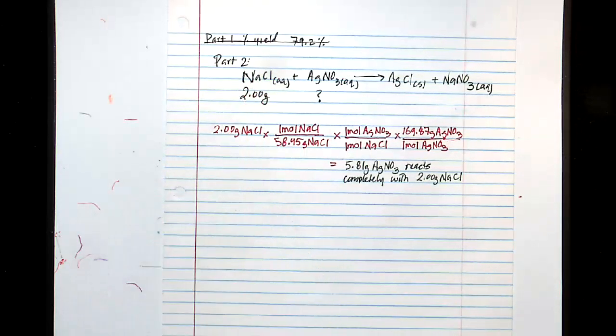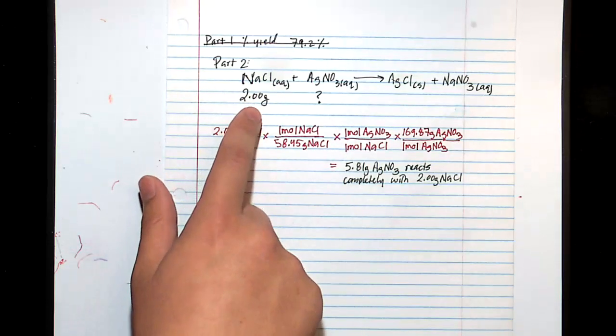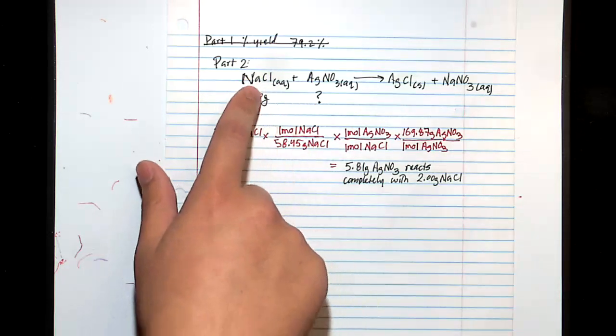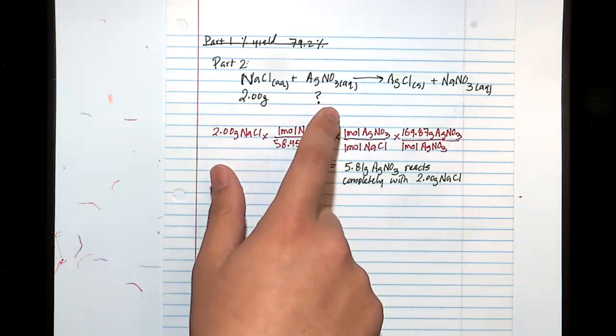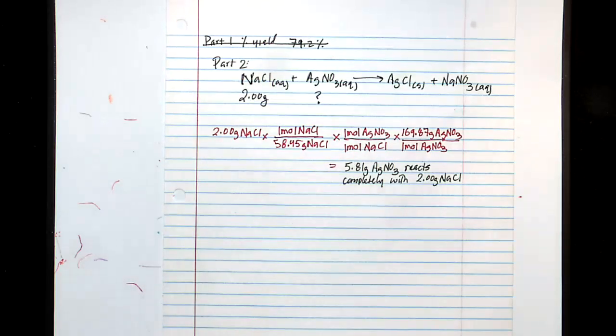So I took that answer and basically plugged it in and backworked it. So that many grams of silver nitrate is 1 mole.